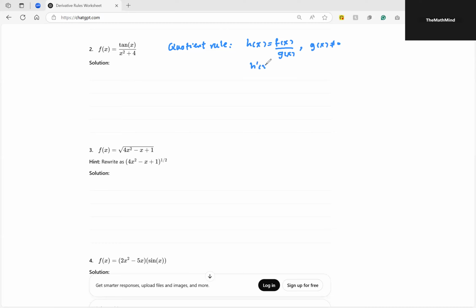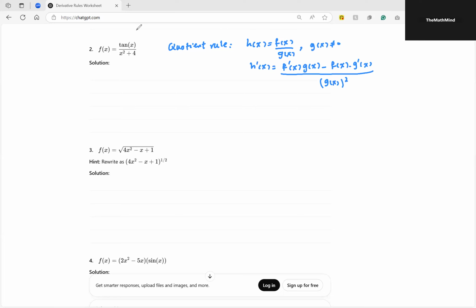So h prime is the derivative of the top times g minus f times g prime, divided by g of x to the power of 2.